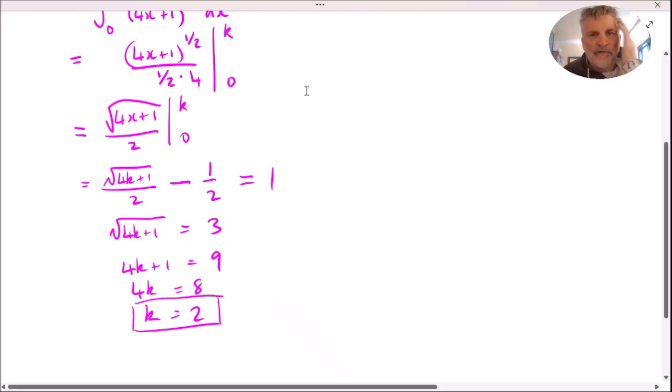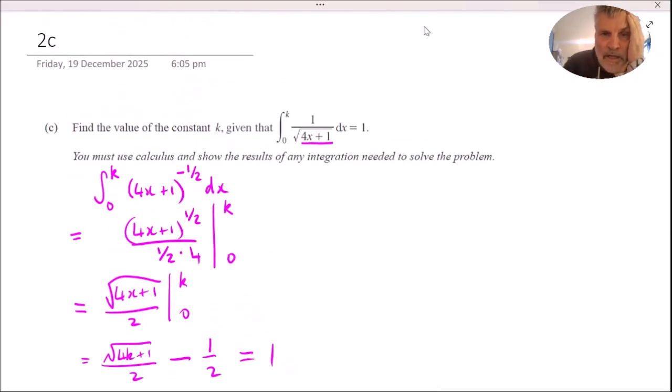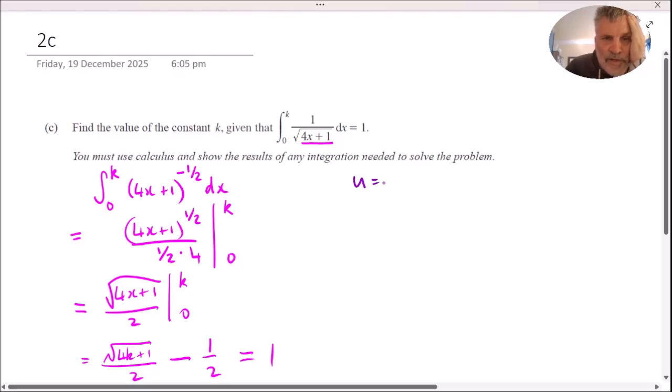Just the integration, if we go back and do that again, so if you did it by substitution, you could substitute the whole thing. You can substitute just u equals 4x plus 1.